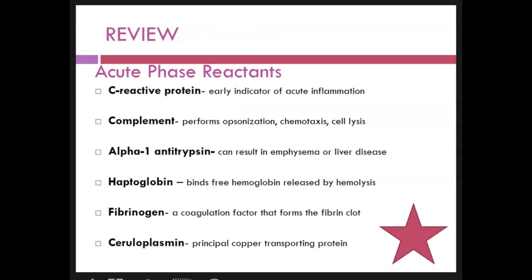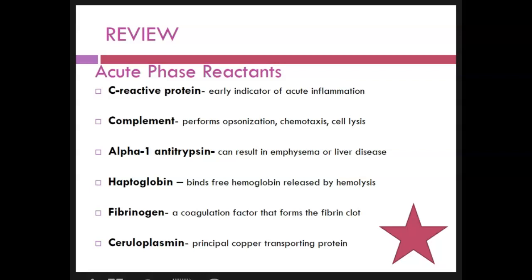So to review, let's review the acute phase reactants. Those are going to be really important. Remember, C-reactive protein is an early indicator of acute inflammation. We're going to talk way more about complement, but it's an opsonin, a chemotaxin, and it is involved in cell lysis. Alpha-1 antitrypsin can see increases in emphysema or liver disease, but these are very nonspecific.